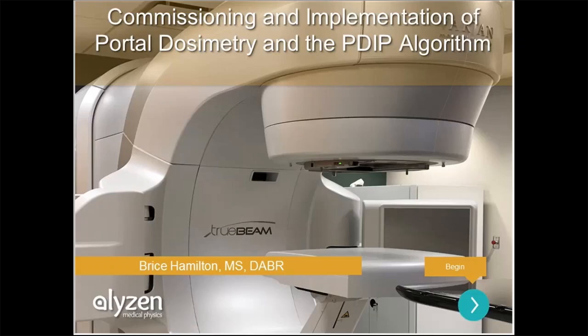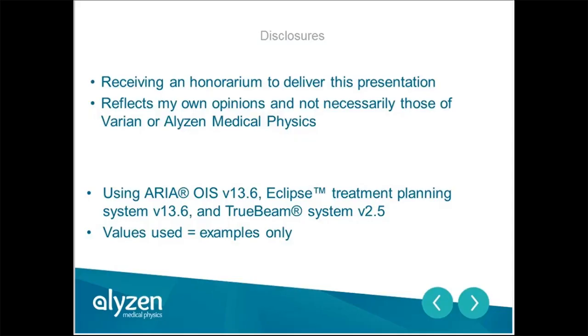So first, let me begin by briefly going through some disclosures here. Everything I'm going to be discussing, I'll be talking about ARIA version 13, and I'll be using the TrueBeam.